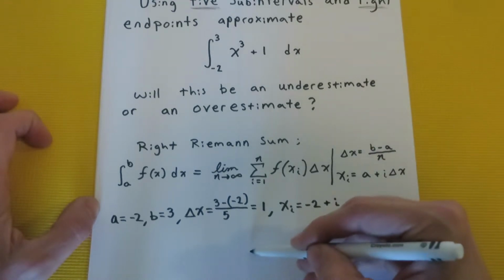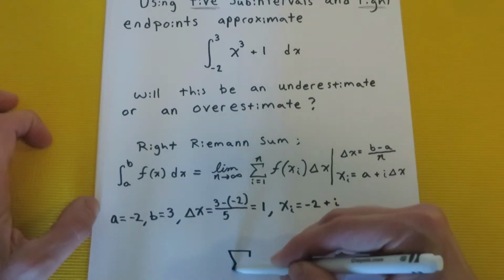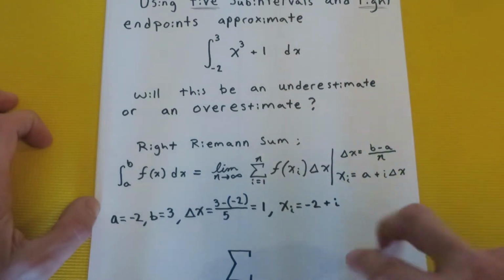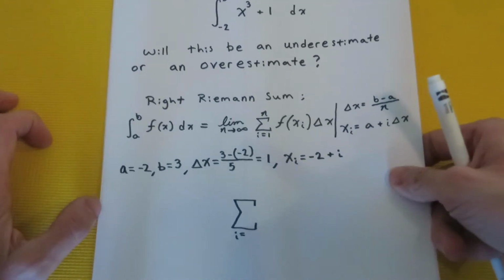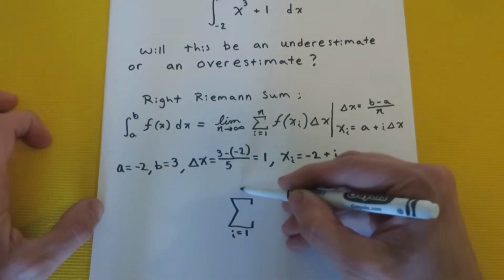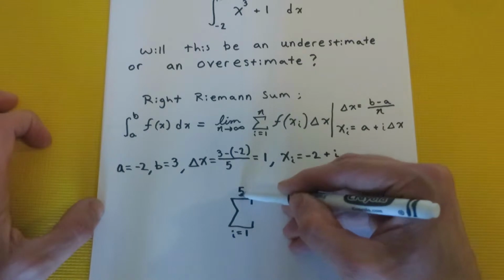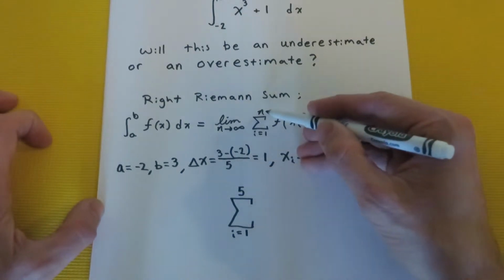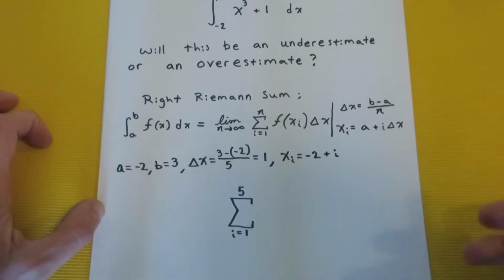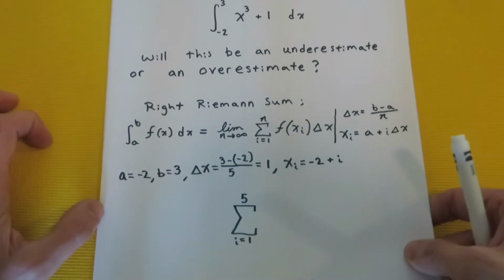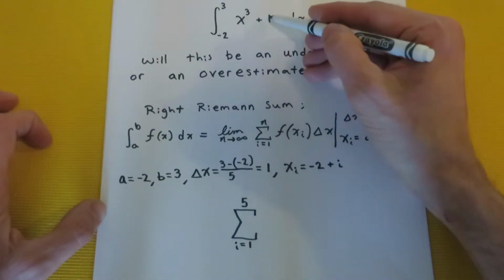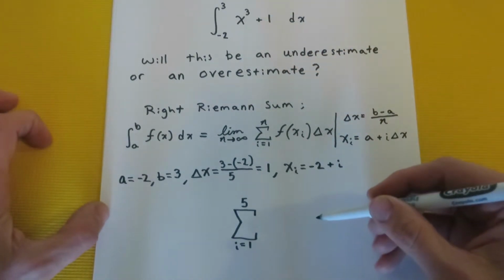So we have our summation from I equals 1 to 5. So everywhere we see an n, we're just going to put a 5 there, of f of x sub I. Well, our function is just x cubed plus 1.